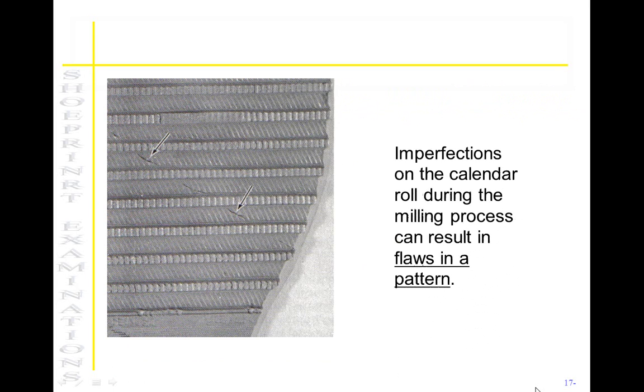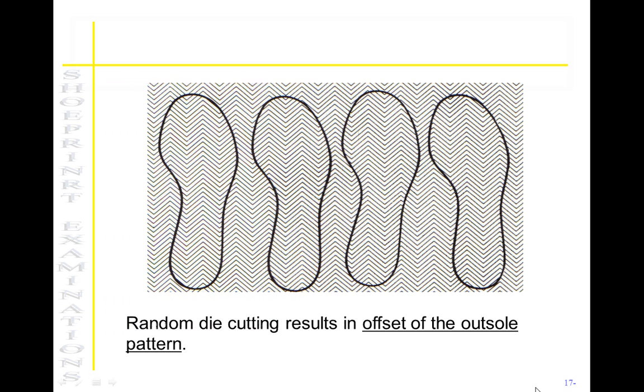Imperfections on that calendar roll during the milling process can lead to flaws in a pattern. Likewise, depending how those sheets are actually cut, if it's random die cutting, there might be a little bit of offset to that pattern.